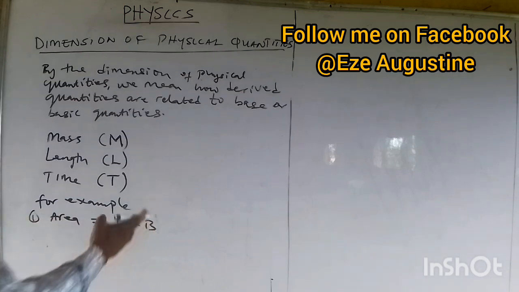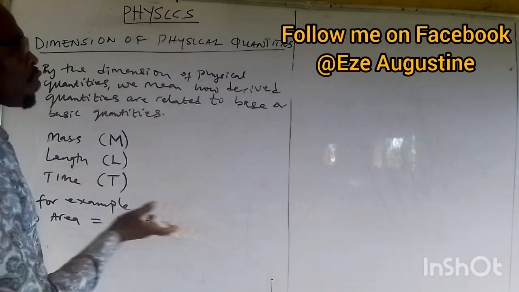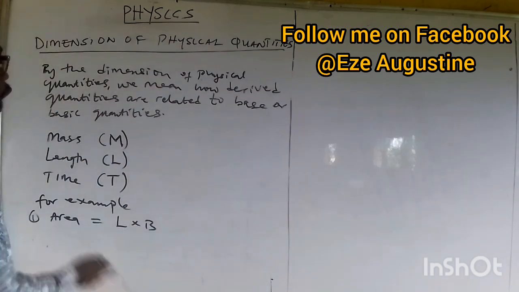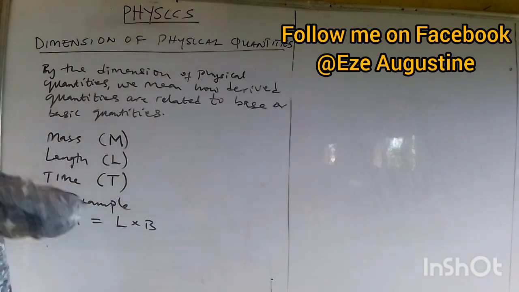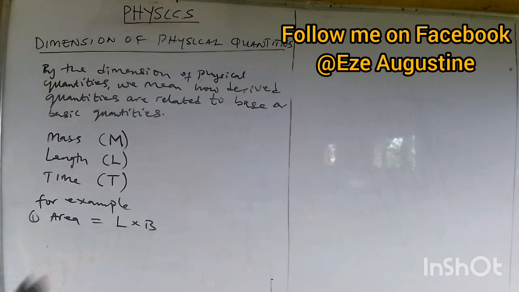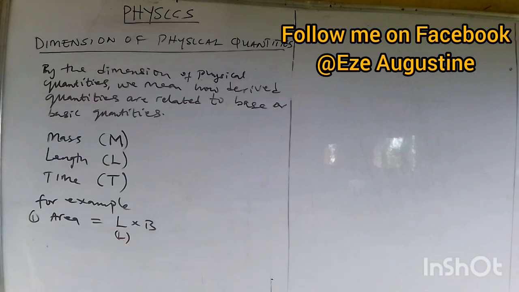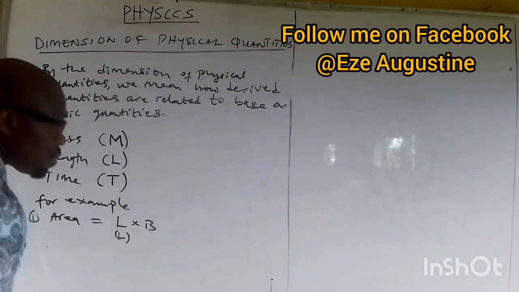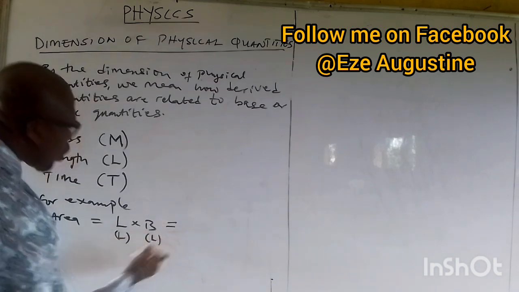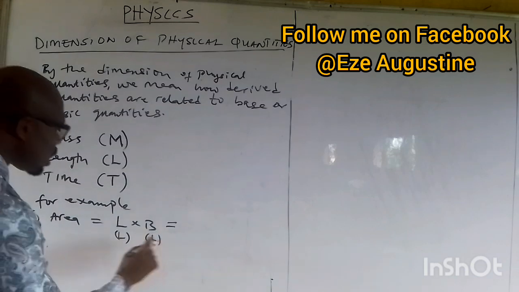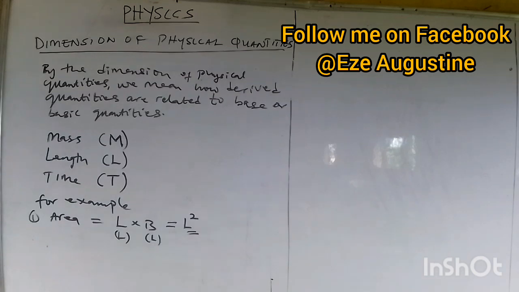For the sake of this lesson, every measurement, whether distance, displacement, or length, is represented by L. Time we have as T, and mass as M. Length is represented by the letter L, while breadth, which is still length, is also represented by L. Therefore, length times length gives us that the dimension for area is L times L, which is L squared.